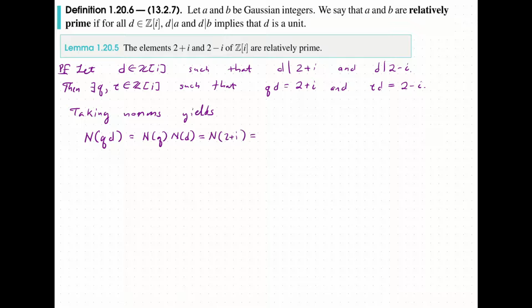But the norm of 2 plus i is going to be 5. And similarly, we have the norm of td is equal to the norm of t times the norm of d, which is equal to the norm of 2 minus i, which is going to be 5.